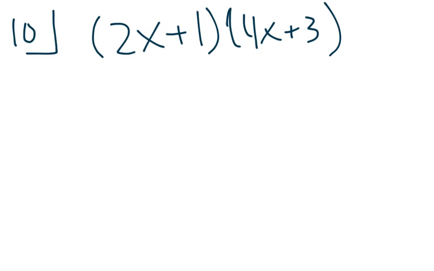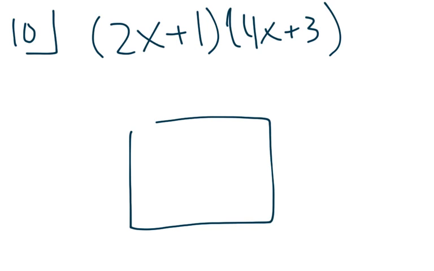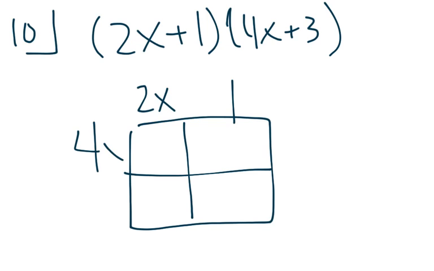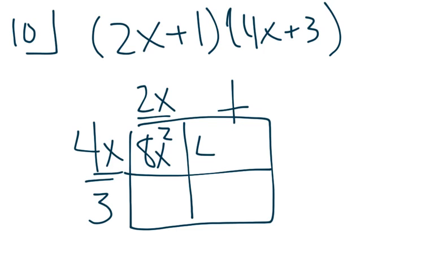Okay, so now we have 2 binomials again, so if you want to, you can do FOIL. I really like doing the box. So we have 2x plus 1, 4x plus 3. So 2x times 4x is 8x squared. 1 times 4x is 4x. 3 times 2x is 6x.